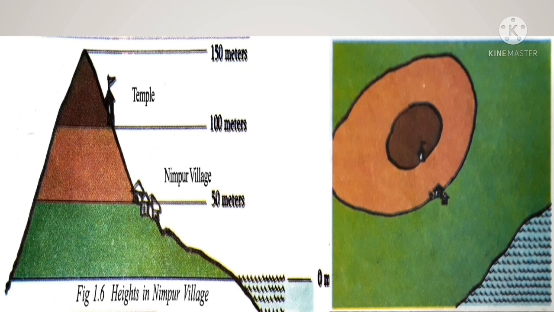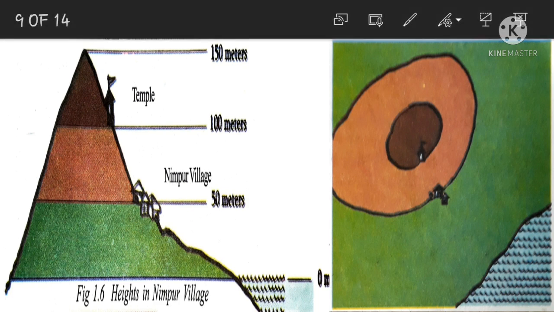The first zone is from the temple to the top of the hill. That is 100 meters to 150 meters.